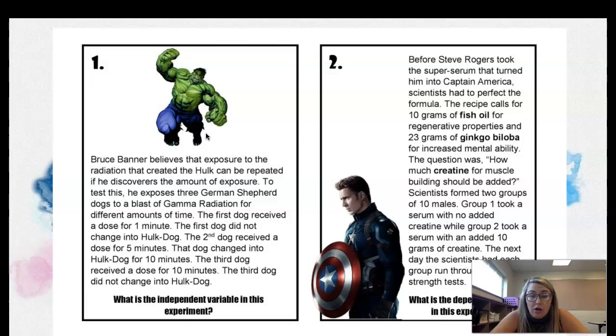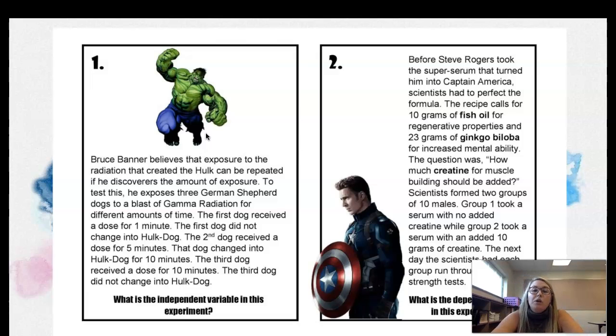There was another dog that received a dose as well, but this time it was for 5 minutes. And then there was a third dog that also received a dose, but this time it was for 10 minutes. So the one thing you see changing in this scenario is the minutes, the time that it's getting the dose. That is your independent variable, because that's the variable that's changing.